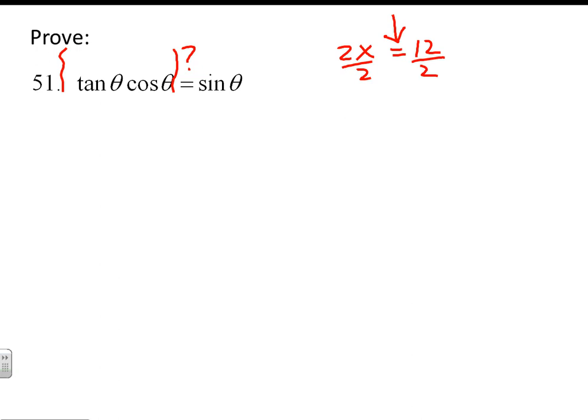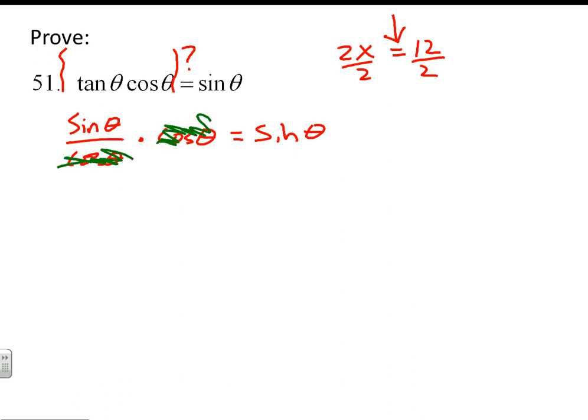But what I could do is turn everything into sines and cosines. So tangent becomes sine of theta on cosine of theta, times cosine of theta, which is supposed to equal sine of theta. Now what you would not want to do here, because the reader needs to see how we arrive at our answer, and I think we all see we're there, you wouldn't want to do something like this, where I can't really see what's going on, and then give me sine of theta equals sine of theta, and say, I got it, and I'm like, well, how did you get it?